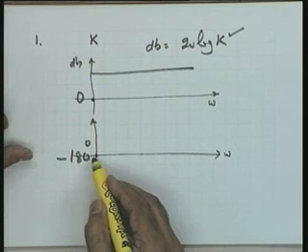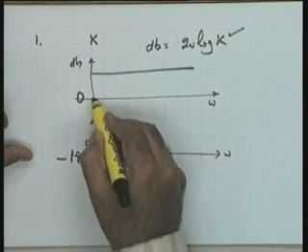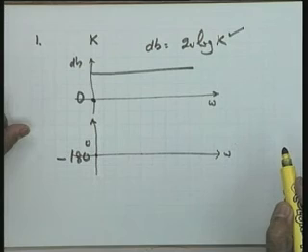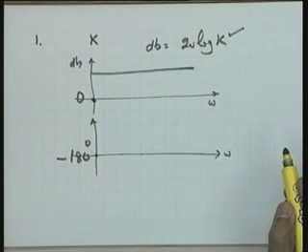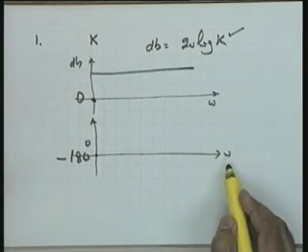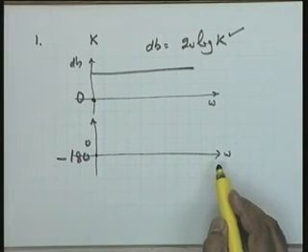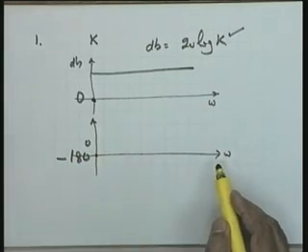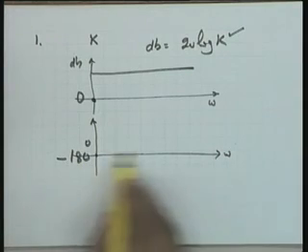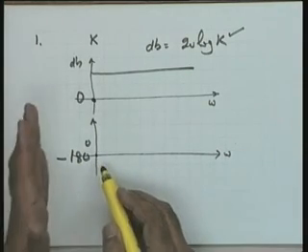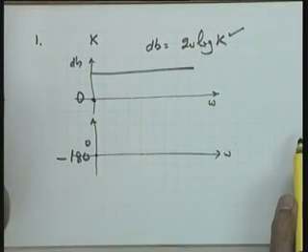Help me please, what will be the frequency at this particular point? Shall we start at 0 radians per second or any other frequency? Please see that though omega is marked over here, it is a log scale, 0 is not defined. So in this case, this point may please be noted that since you are using the log scale, this particular frequency will start from a low value to a high value.